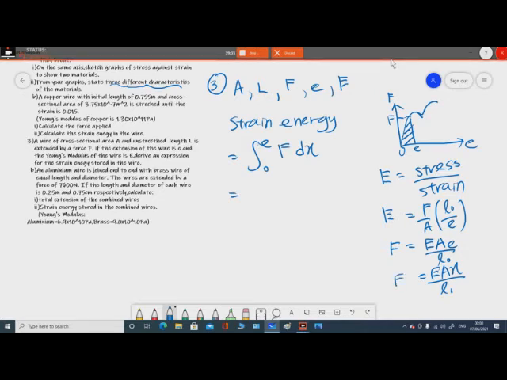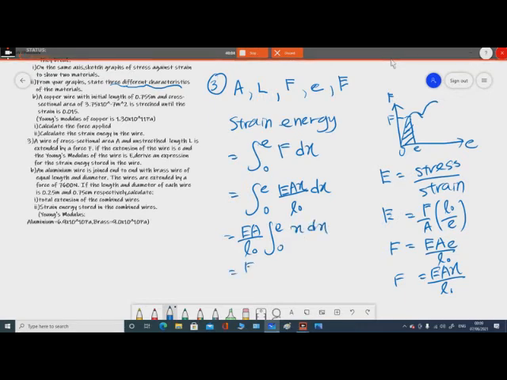So F is actually EAx over L naught. So this EA over L naught is a constant. So this is what we want to integrate, x dx.